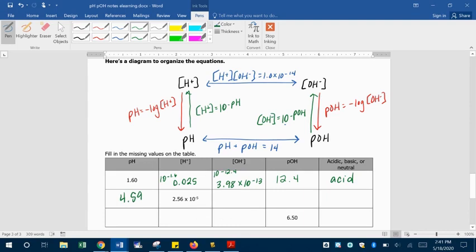Now, from there, to me, the easiest thing to do, since I have pH now, is go and find my pOH. So I'm going to do 14 minus 4.59, and I get 9.41.